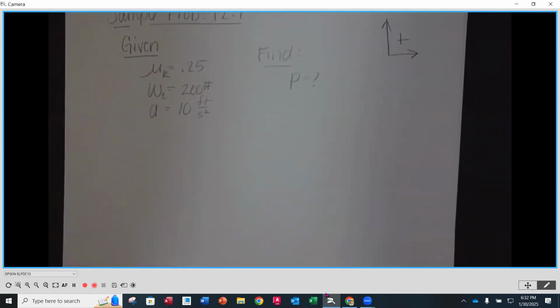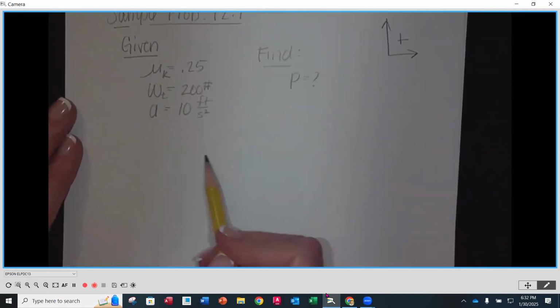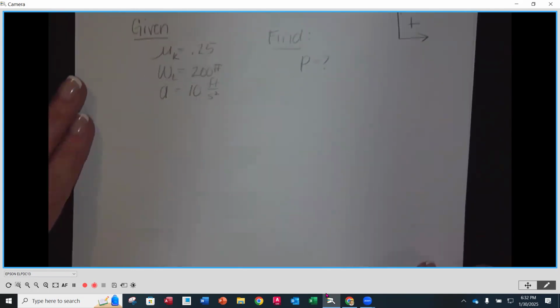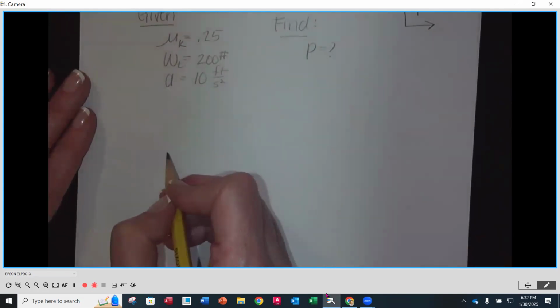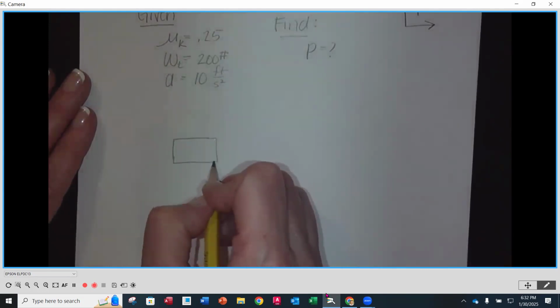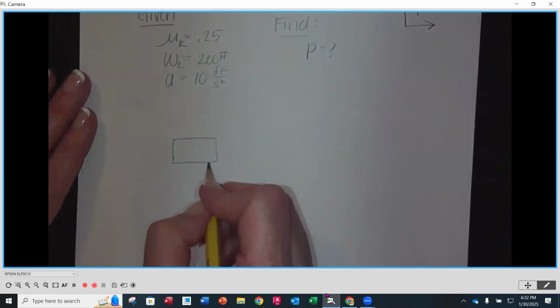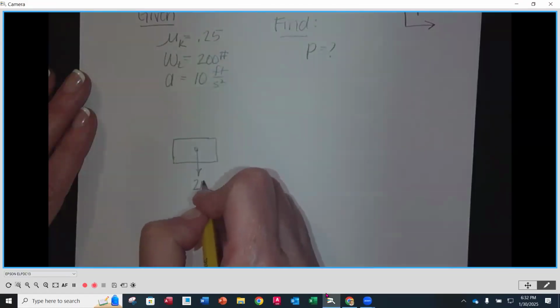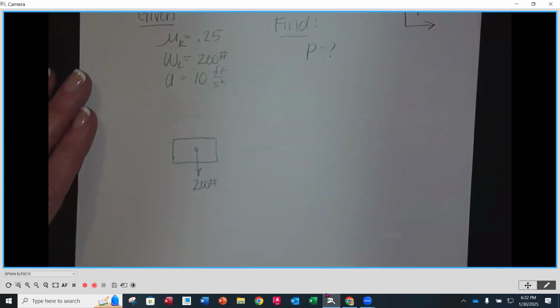So let's draw our block. I'm going to start on the left-hand side with our statics diagram, and then we're going to set it equal to our kinetic diagram, the one that has what we call the inertia terms in it. Over on the left-hand side, we're going to show the block with any and all forces acting on it. So here's our block. At the center of gravity, we're going to have 200 pounds acting down.